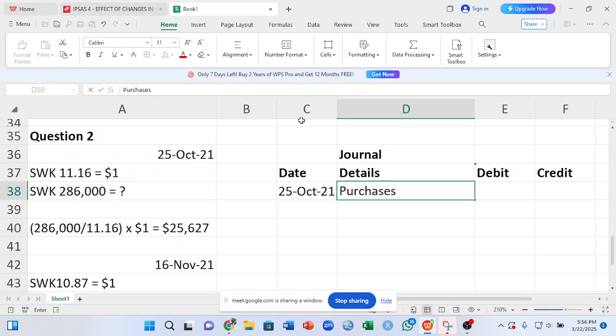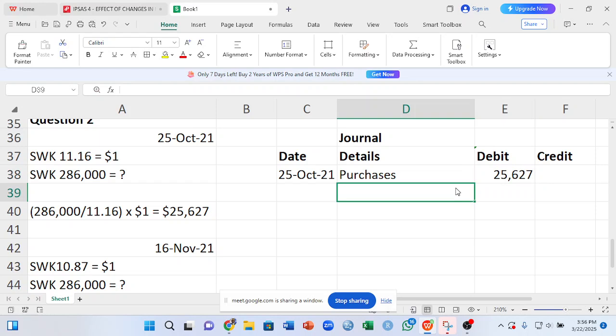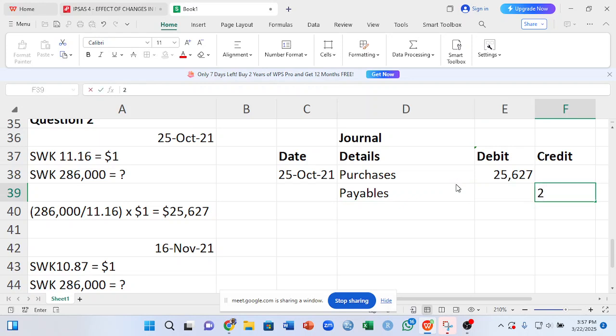So we debit purchases with the amount we translated, 25,627. At this date we were owing them, so it's payables, 25,627.